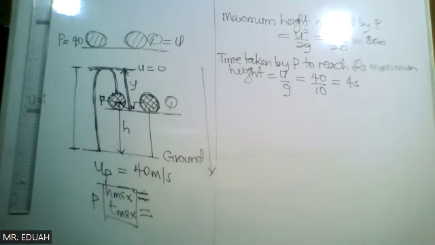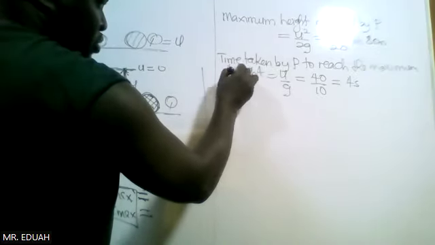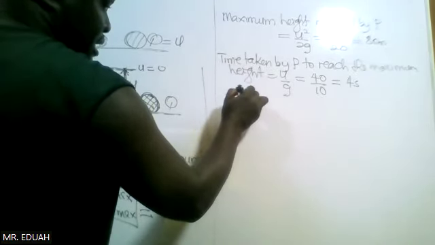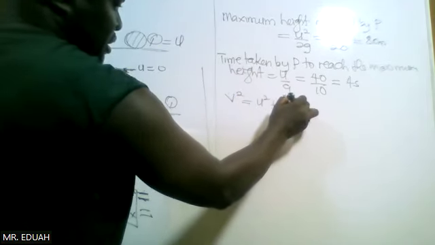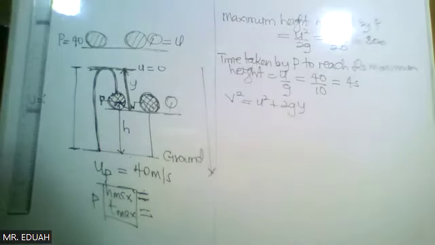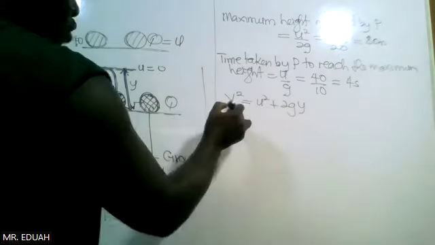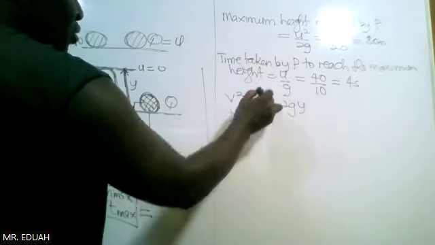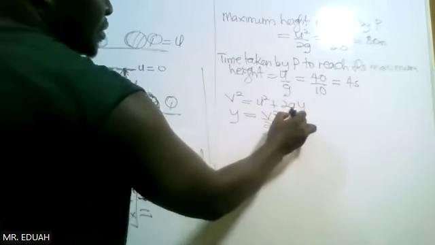That is one way to look at it. The other way is to use h is equal to ut plus half gt squared. If you are going by v squared equals u squared plus 2gy, this is similar to one of the questions we've solved. So y would be equal to v squared over 2g, since u is 0.